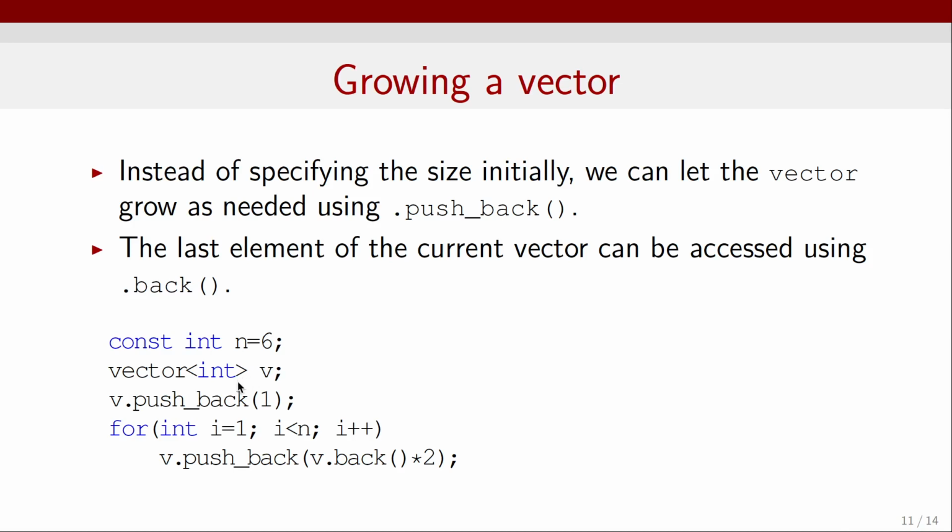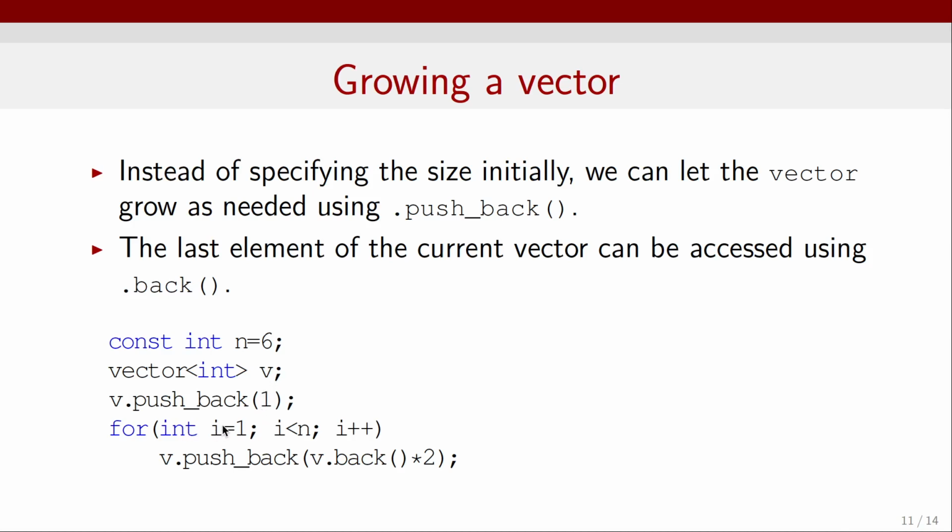If I want to add one element, I can say v.push_back(1). What that will do is add the number 1 at the end of the vector v.